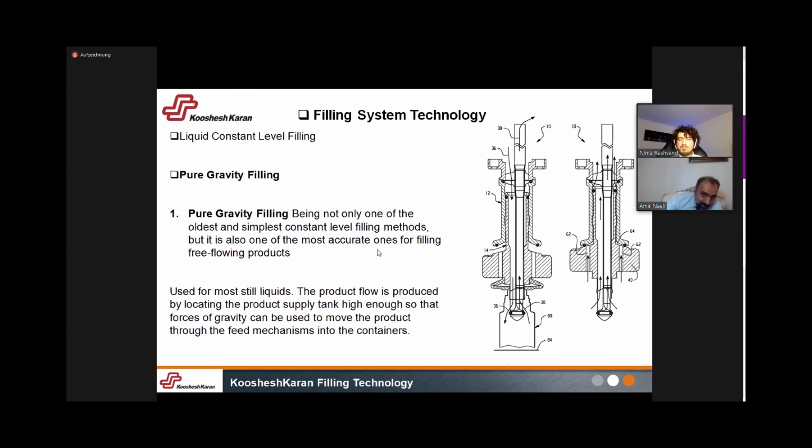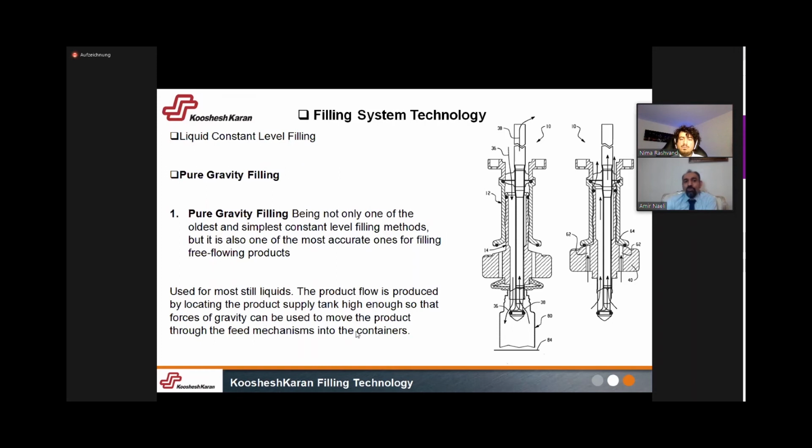It is used for the most still liquids. The product flow is produced by locating the product supply tank high enough so that the force of gravity can be used to move the product through the feed mechanism into the container.